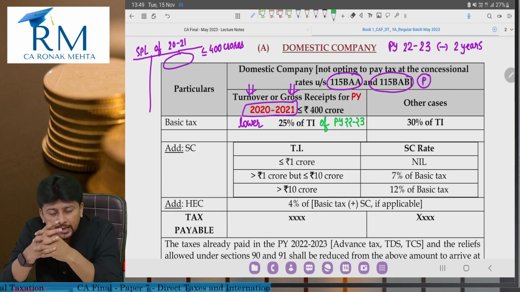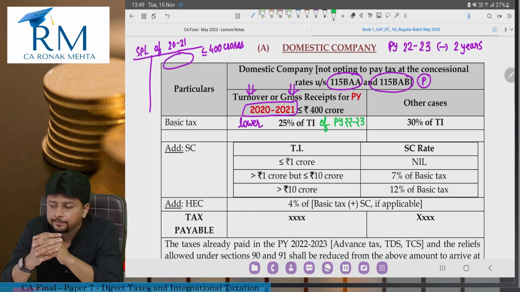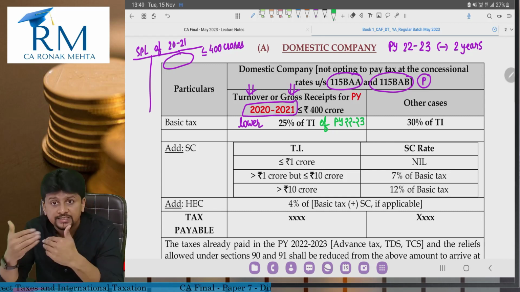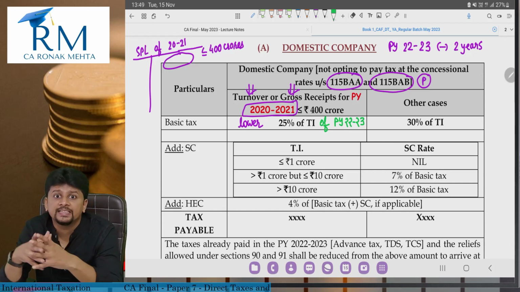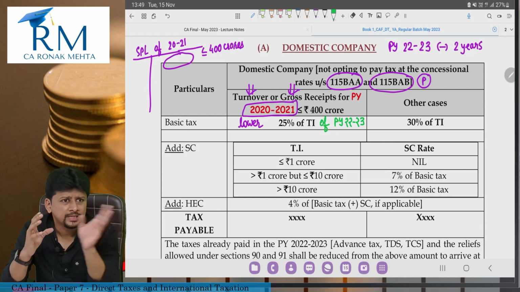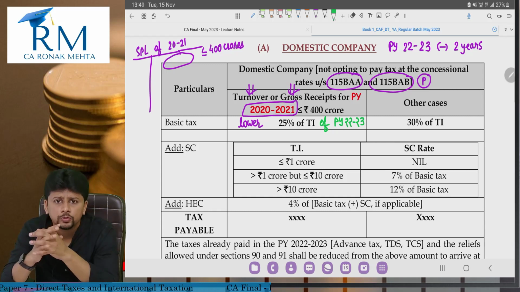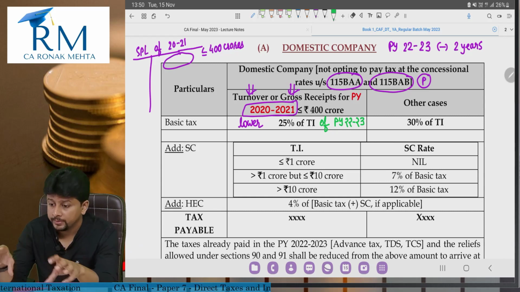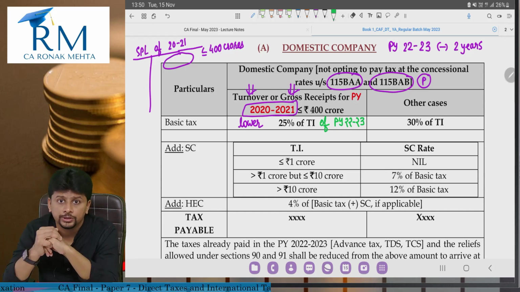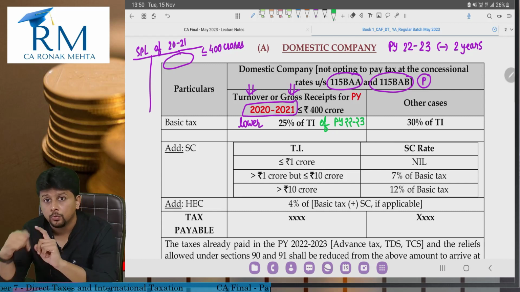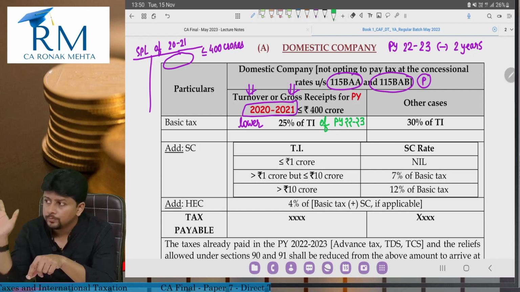UAE also has a much lower tax rate. The more developed a country, the less it has to rely on taxes because it has other avenues of inflow. Tourism is there, exports are there. So it has to rely less on income tax from its citizens and companies. So the rate of tax is lower.